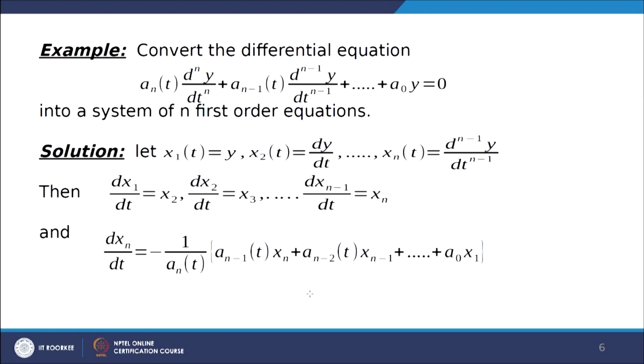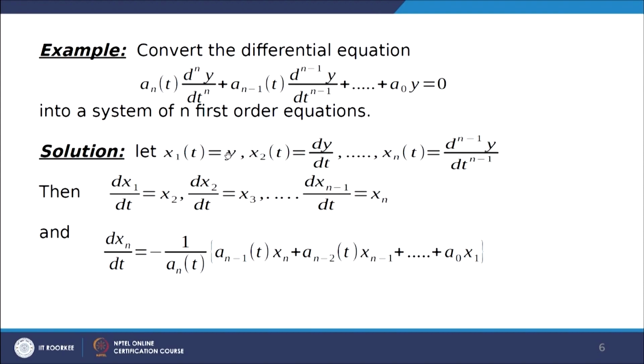Now, let us for example convert the differential equation a_n(t) d^n y/dt^n plus a_(n minus 1)(t) d^(n minus 1) y/dt^(n minus 1) and so on, plus a_0 y equal to 0, into a system of n first order differential equations. Now, as we have said, we will put x1(t) equal to y, x2(t) equal to dy/dt, and xn(t) equal to the (n minus 1)th derivative of y with respect to t.